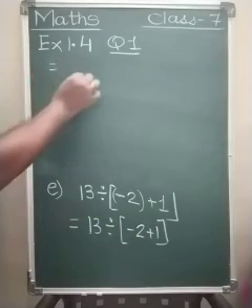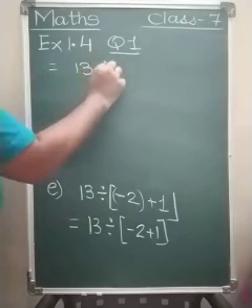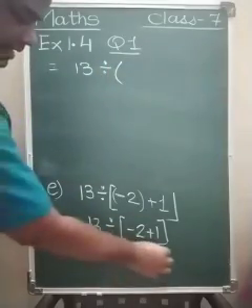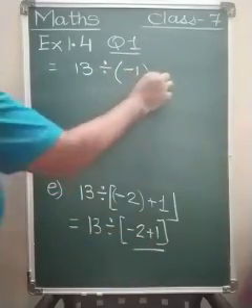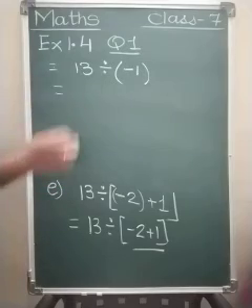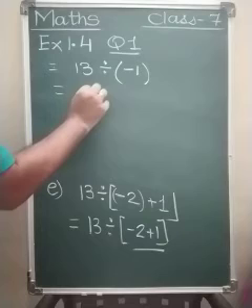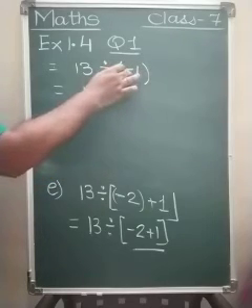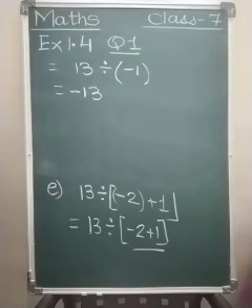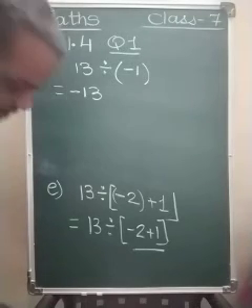So our answer comes to 13 divided by this part, which is minus 1. Okay. Now it is simple. One is a positive integer, one is a negative integer. 13 divided by 1, the answer is 13, and it is negative, so here we will have a negative sign. So minus 13 is the answer.